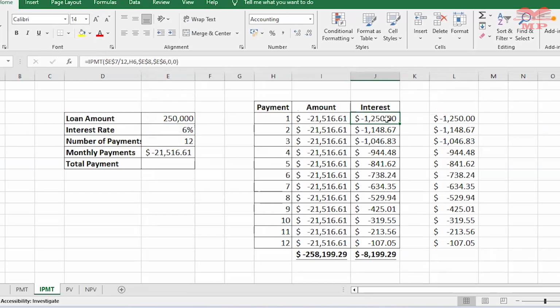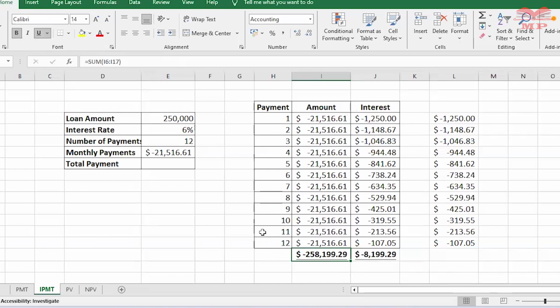By the end of that time, they will have paid 258,000 and out of that, 8,199 will be the interest. If you look at it, it makes a lot of sense. The original amount is 250. The amount they will be repaying will be 258,199.29.